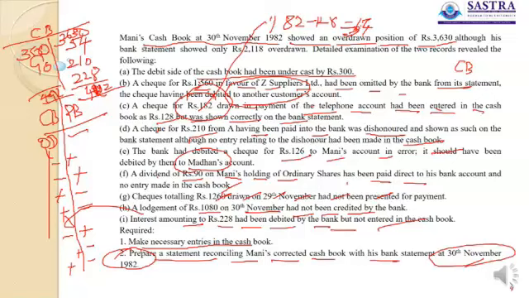See, this is the cash book, this is the passbook. See, the balance has to be taken.